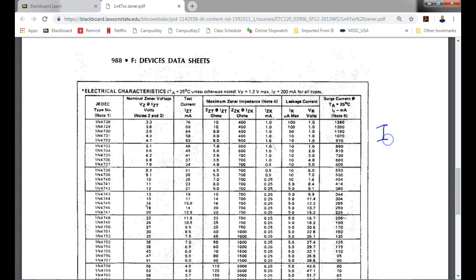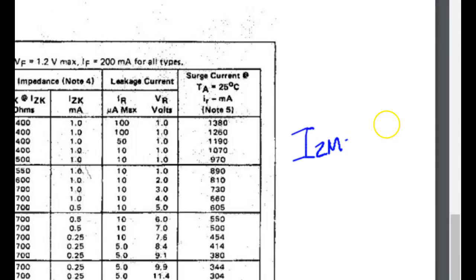So IZ max would be equal to 1 watt divided by 8.2 volts. So what's that? I didn't hear you. 122 milliamps. 122 milliamps.